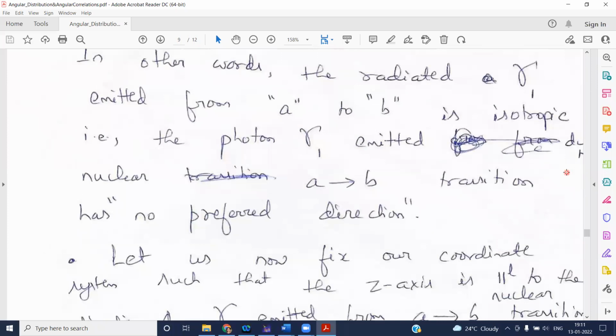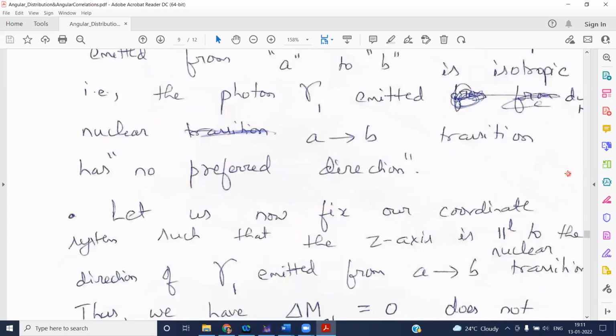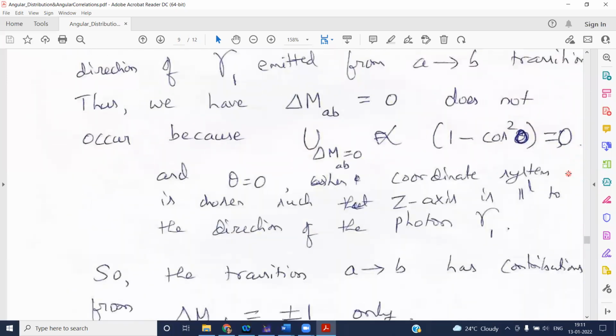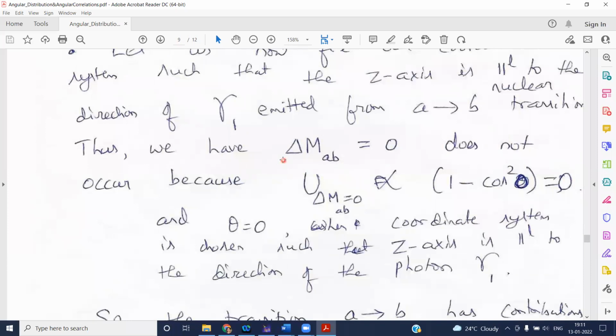So with that observation, I will now say: thus, when delta M AB is 0, it does not occur, because U of delta M AB equal to 0 is proportional to 1 minus cos squared 0, which is 0. There is no M equal to 0 associated when the z-axis is chosen to be my direction.